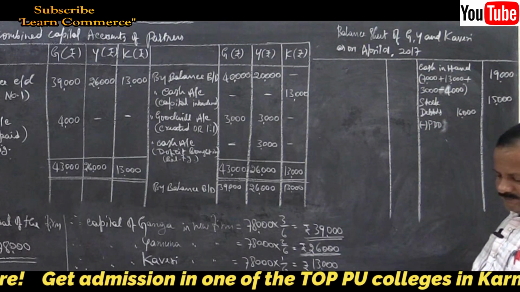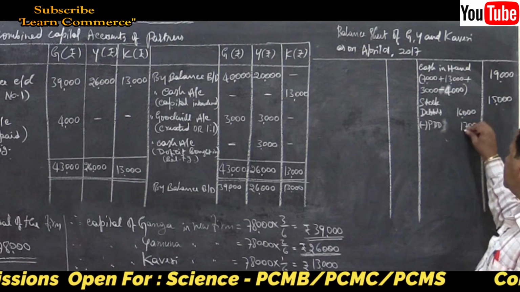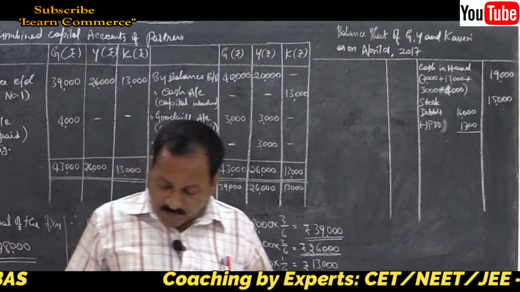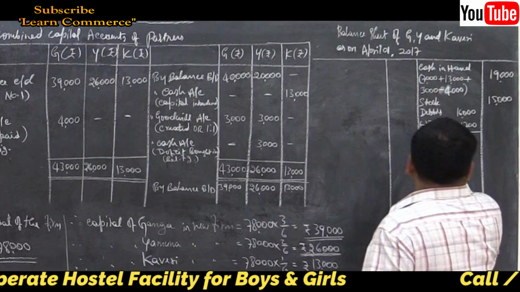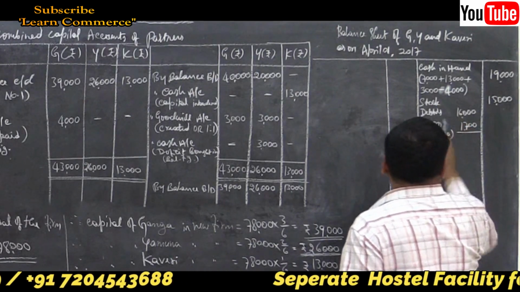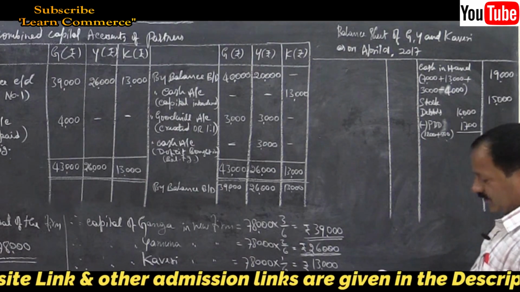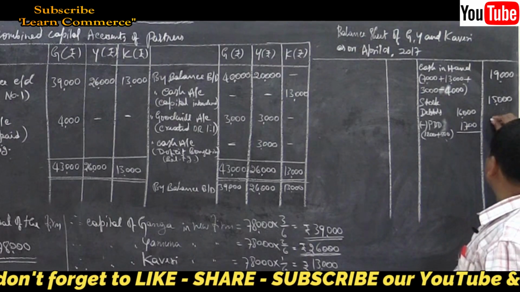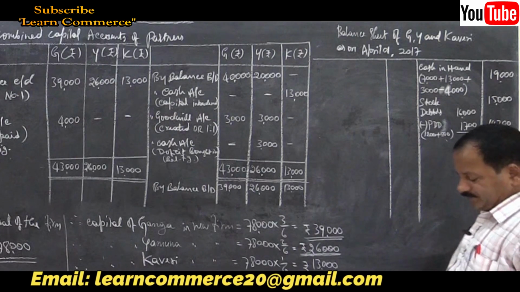How much? 1,700. That is, already we have shown in revaluation account 1,200 plus 500 right here. So that there will be clarity. 1,700. So it will be 14,300.